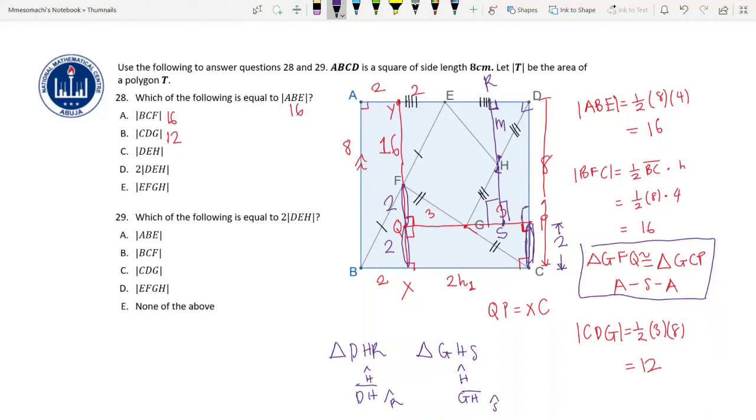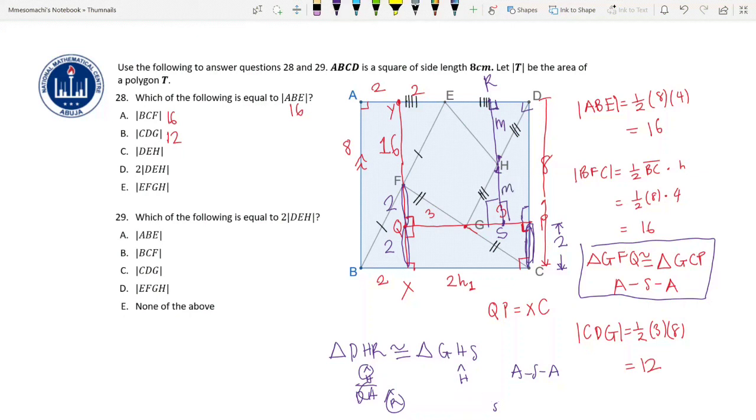We can see that these two triangles are congruent by angle side angle. Okay. So it means that this length from H to S is also going to be M.